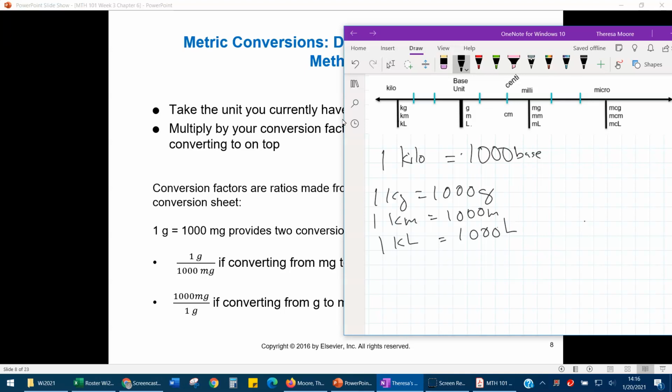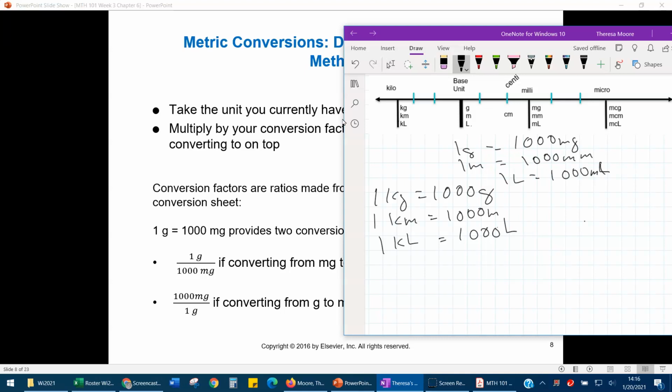Then 1 of your base unit would be 1,000 of the millis. So 1 gram is 1,000 milligrams. 1 meter is 1,000 millimeters. 1 liter is 1,000 milliliters.